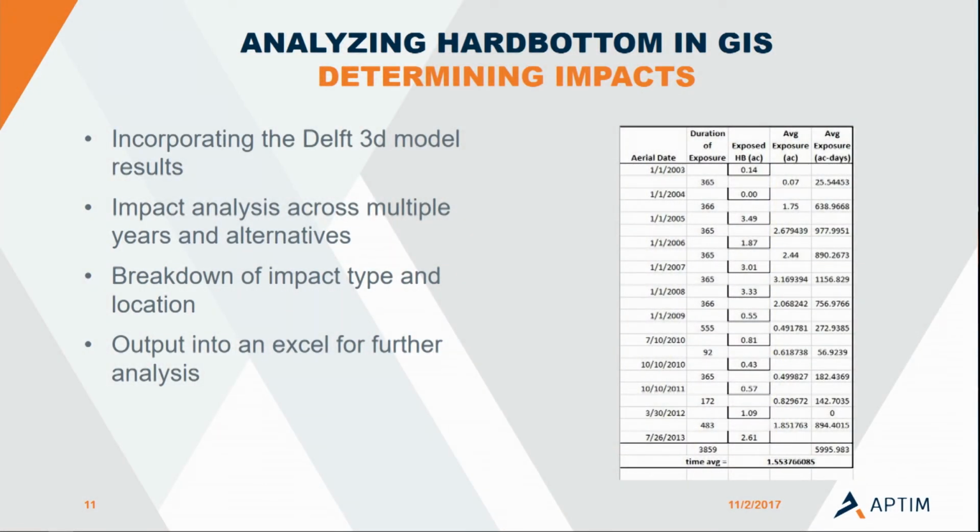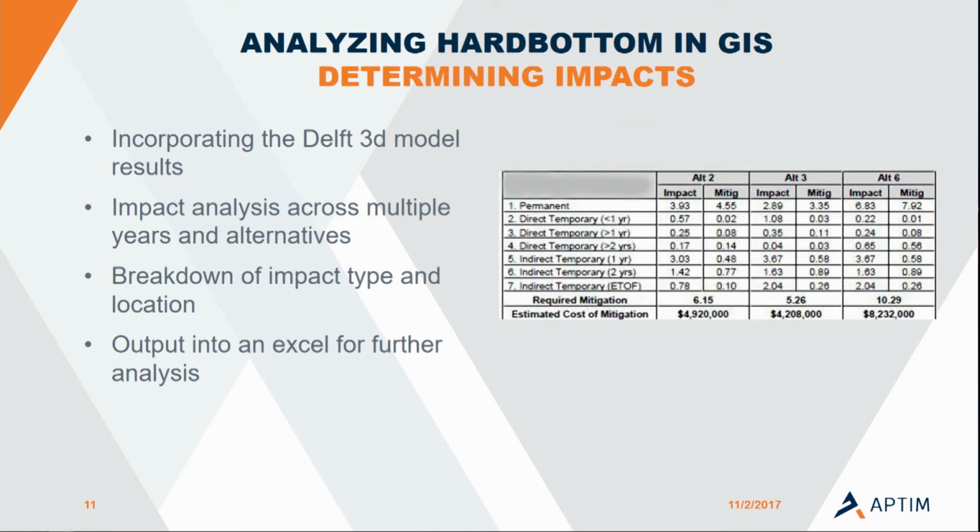The next thing we did was take those acres and give it to our biologists in an Excel where they created a time average. So because you can see the impact of exposed hard bottom changed, we could get an exposed average of what was being impacted over the time frame that we looked at, which in this instance was 10 years.